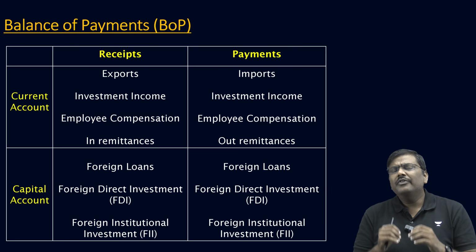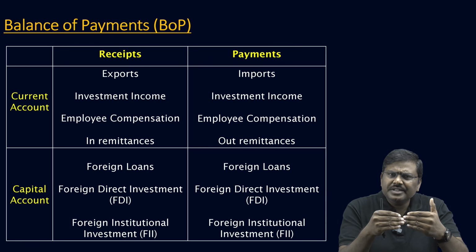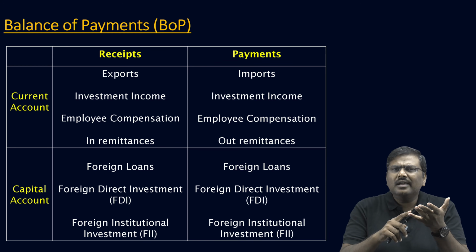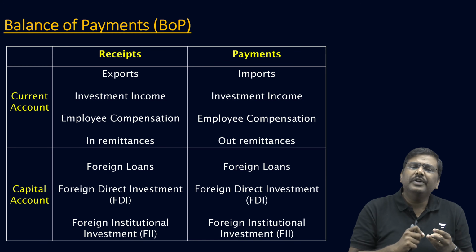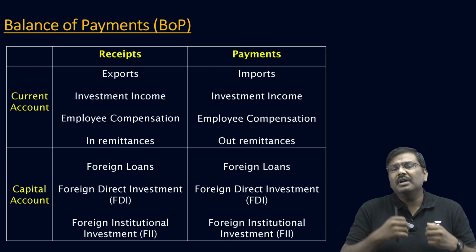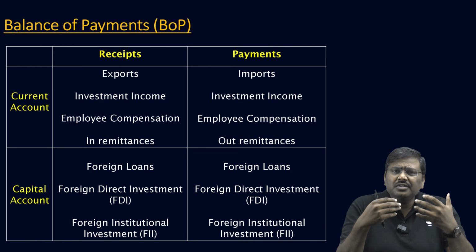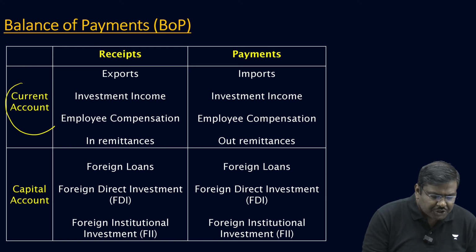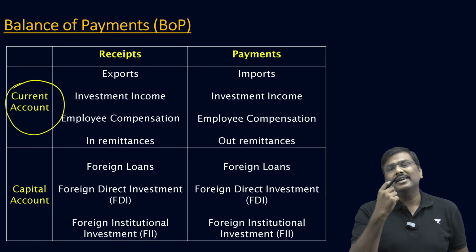Please understand, whenever the transactions conducted between India and the rest of the world are going to affect the income of India, or are income transactions, or transfer payments, or are associated with trade, all these transactions are recorded under the current account.